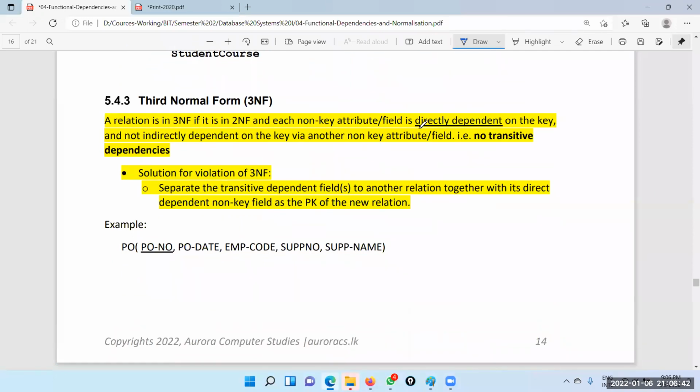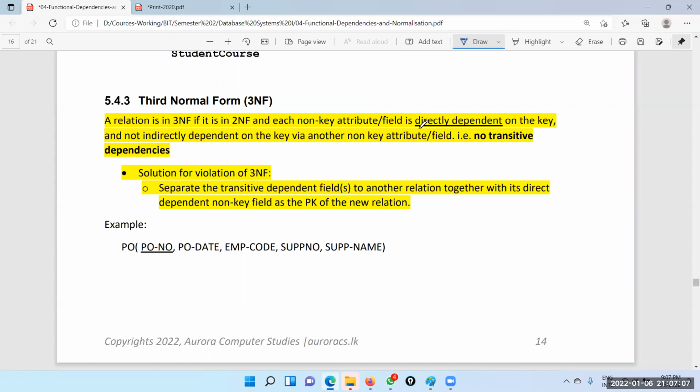Right. Now we are moving to the third normal form. The third normal form says we have to look for it only if the relation is in first normal form and second normal form. Right? Every field is atomic, and all your fields fully depend on the primary key. So then only you look for the third normal form.